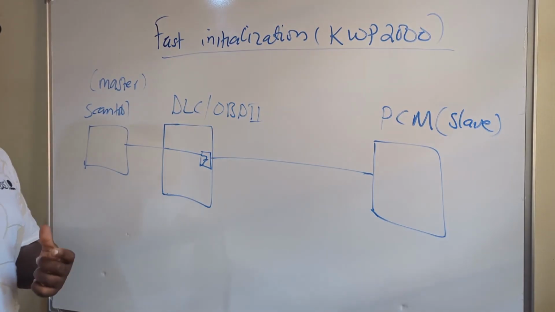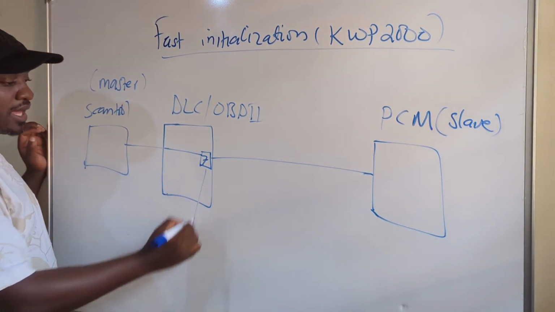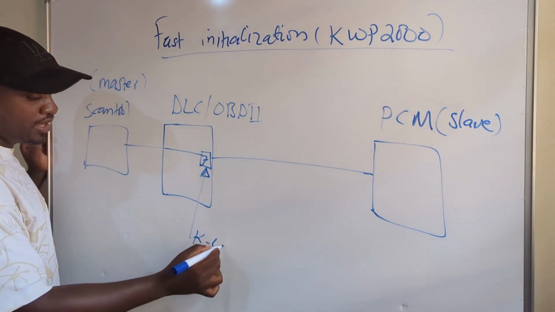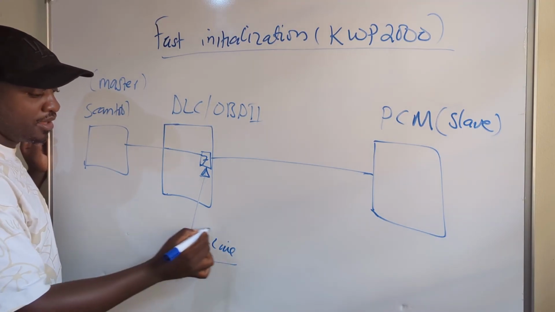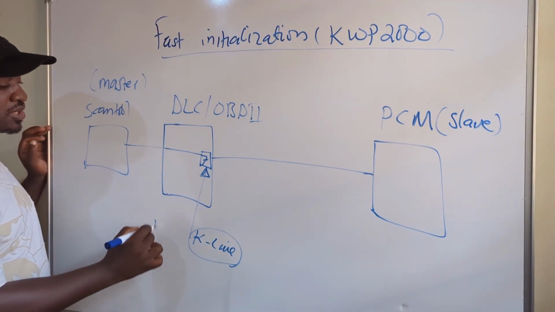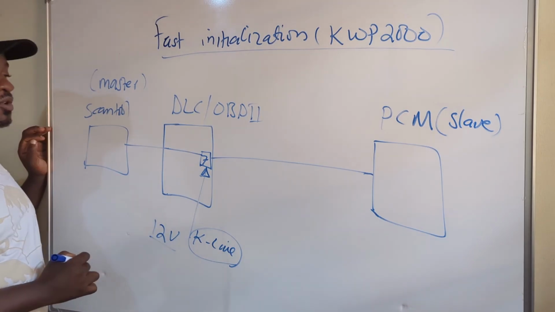Now what happens is, at pin 7 here, which is our K line, we must have battery voltage, which is 12 volts.